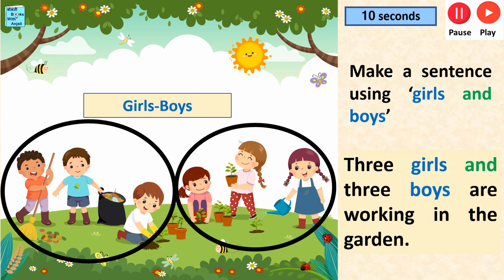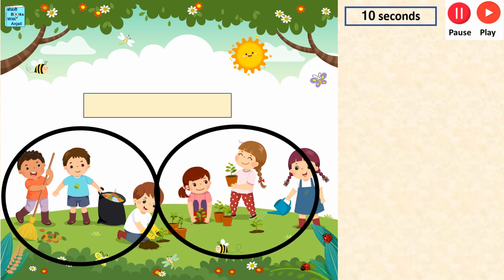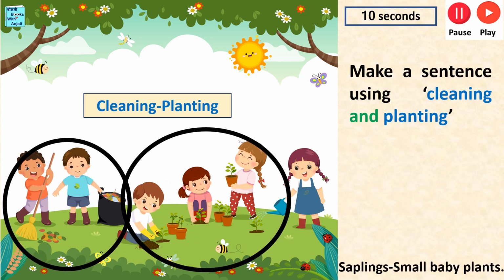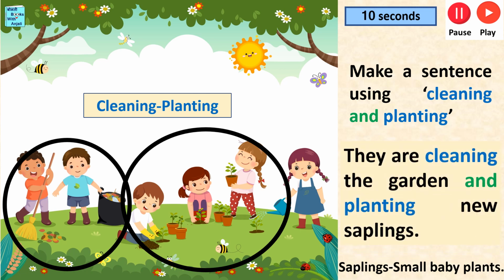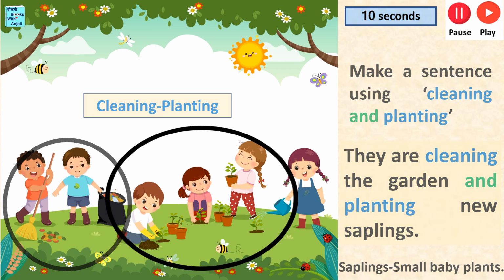Three girls and three boys are working in the garden, cleaning and planting. They are cleaning the garden and planting new saplings. Saplings are small baby plants.